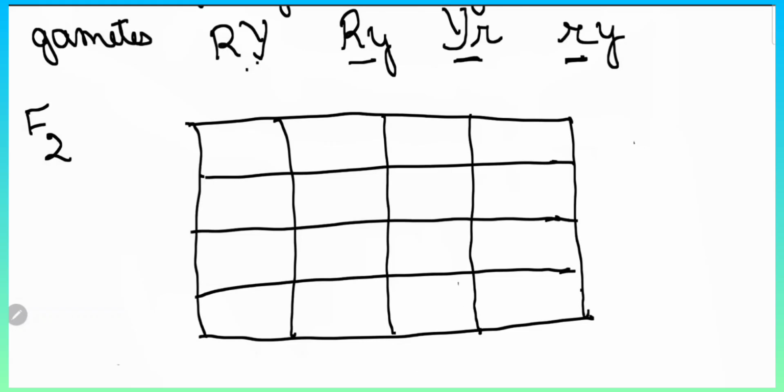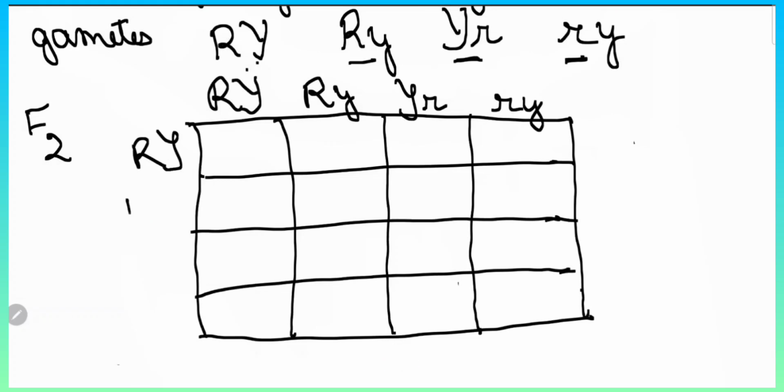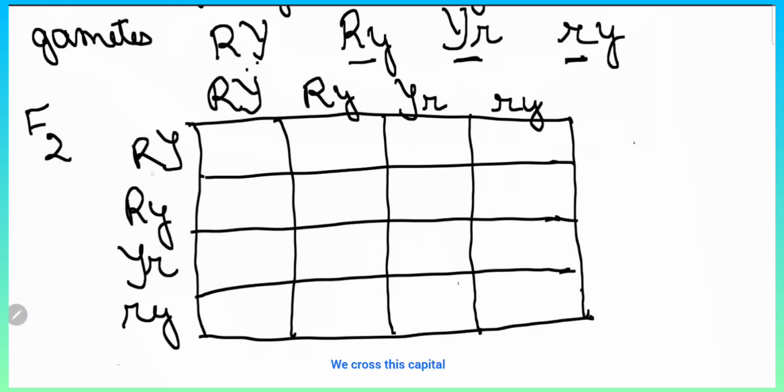So our table is ready, and we write the gametes on both sides in this way. Fine. Now what we do, we cross this capital R, capital Y, and this one capital R, capital Y.